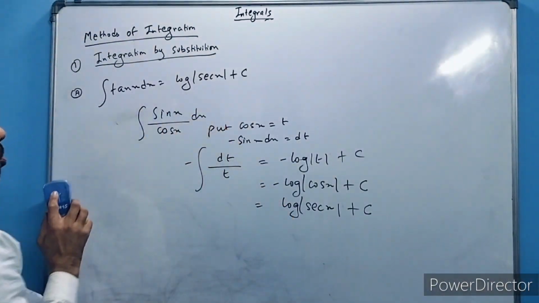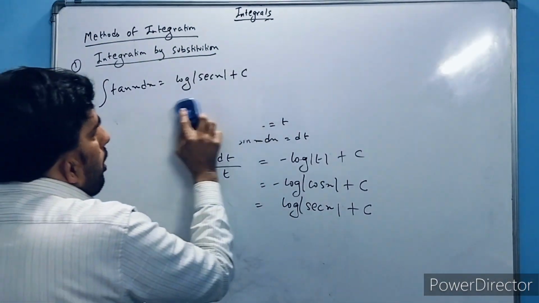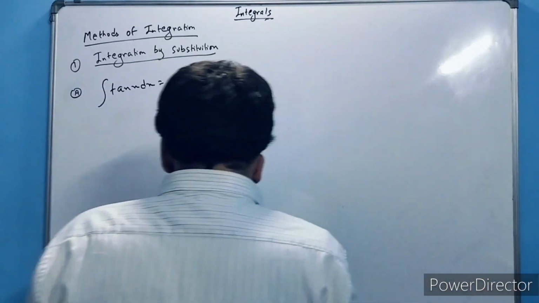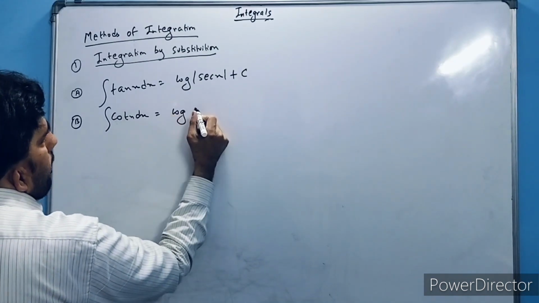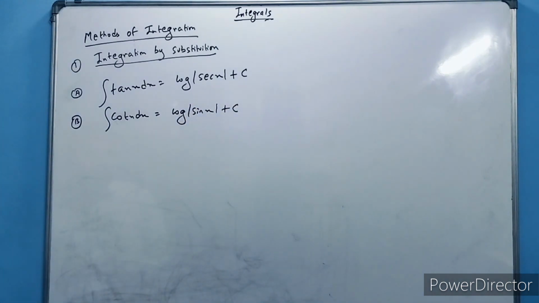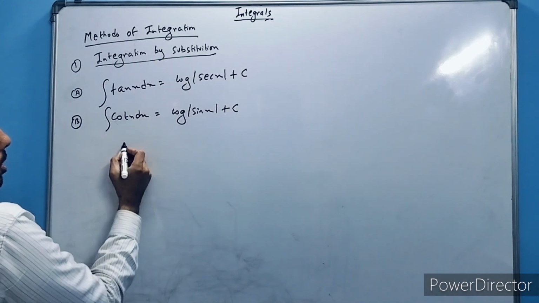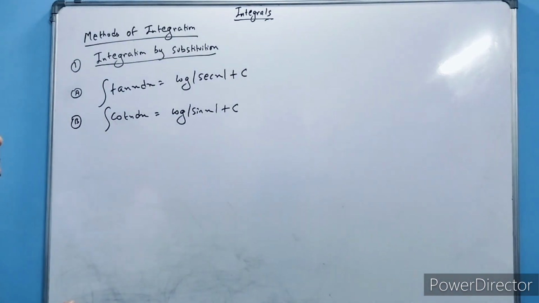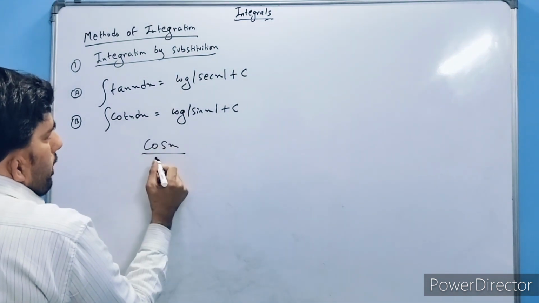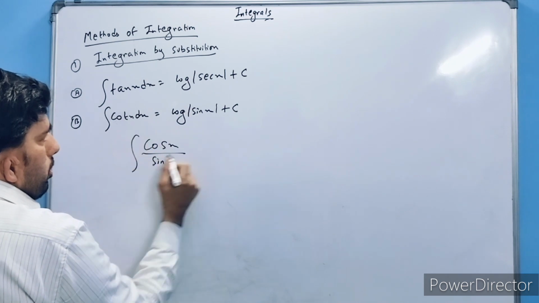Now let us move to the second formula. We have the integral of cot x dx, which is log sin x. What we can do here is write cot x as cos x upon sin x.